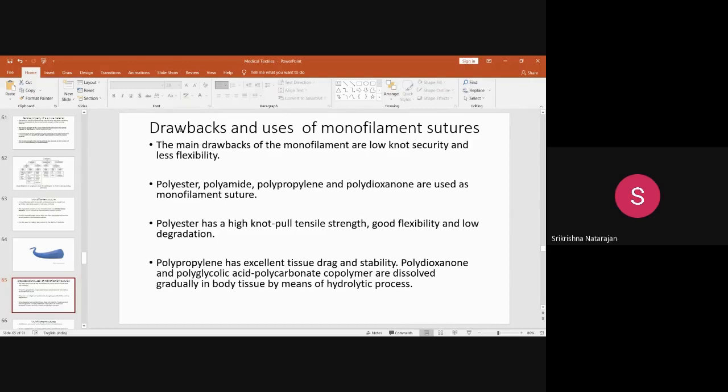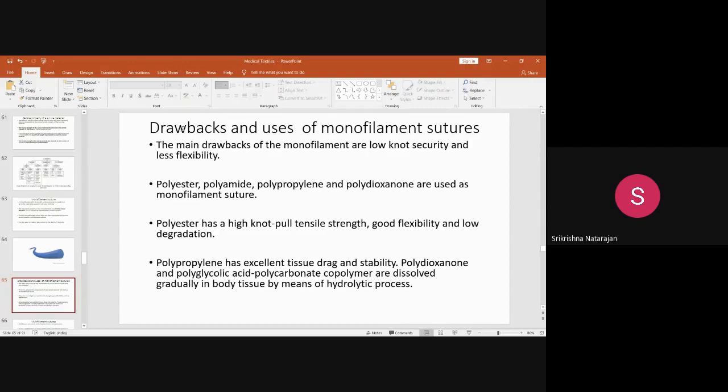This is another type of thermoplastic polymer, polydioxanone, and polyglycolic acid is another type of thermoplastic, which is derived from glycolic acid. These also are used as sutures.